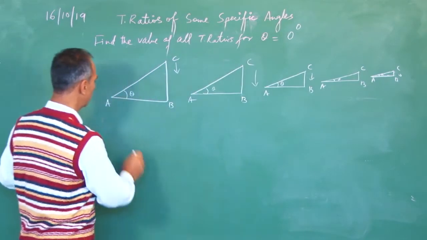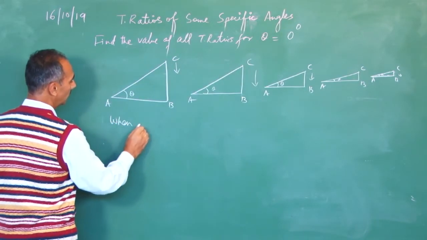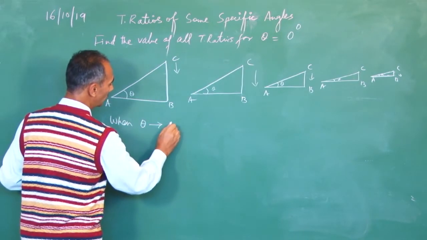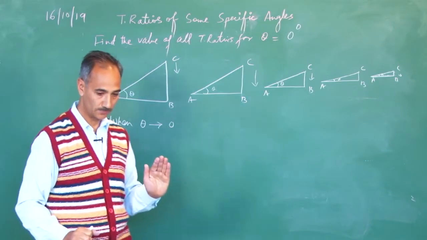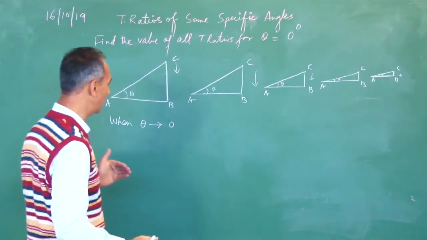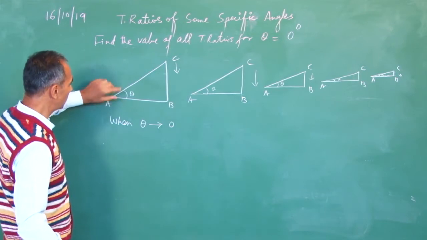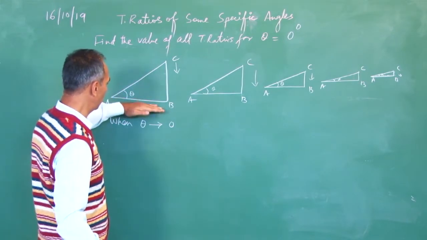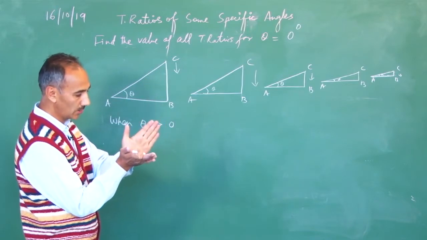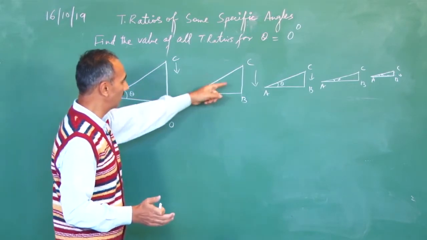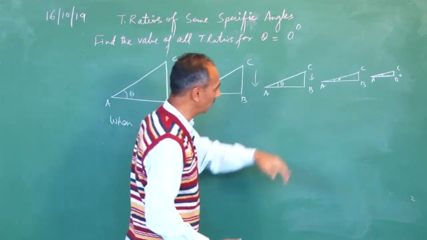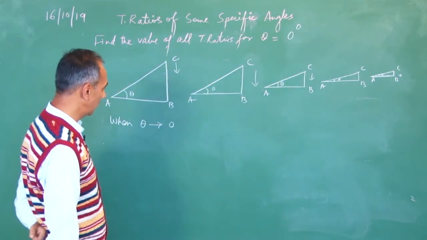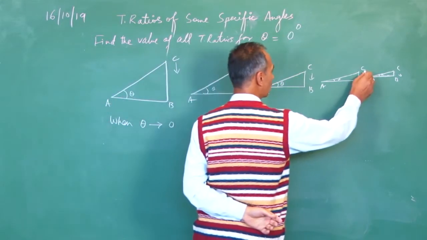Now what happens? When theta tends to 0, it's approaching 0. We're observing what happens. When theta approaches 0, that means the difference between the initial arm and the terminal arm, this magnitude, decreases. This is the second figure, third figure, fourth figure, and so on. As theta decreases, it approaches 0.